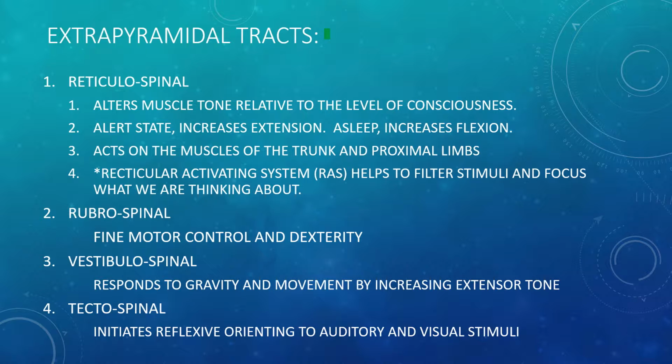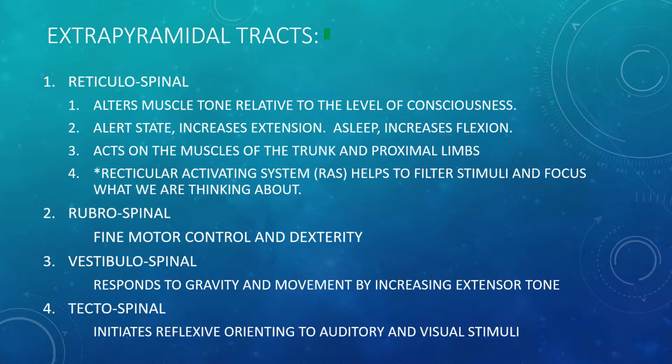So the four extrapyramidal tracts are the reticulospinal, the rubrospinal, vestibulospinal, and tectospinal. And if you look at what they do, part of the importance of the reticulospinal tract is it goes through the RAS or reticular activating system, which helps to control consciousness and also focus.